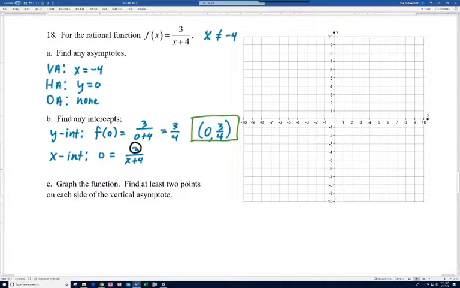Well, since the numerator has a 3 in it and there's no variable, we're never going to have a numerator of 0. So really all we have to do is set our numerator equal to 0, and if there's no solution there, then we don't have an x-intercept, which is the case here. All right, so now let's go ahead and put in our asymptotes.